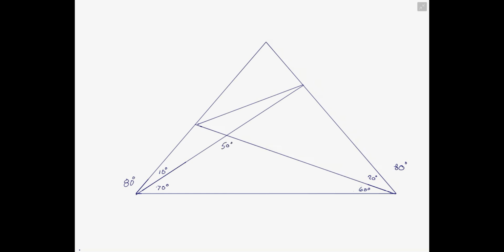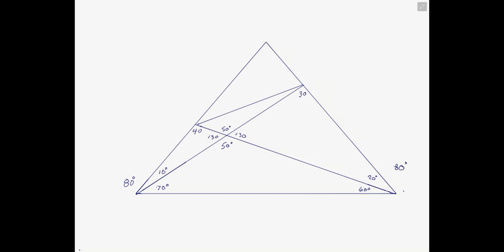This is 60 degrees. This is 70 degrees. And this is 10 degrees. This is all you're given, except that it's an isosceles triangle, because both of the base angles are 80 degrees.